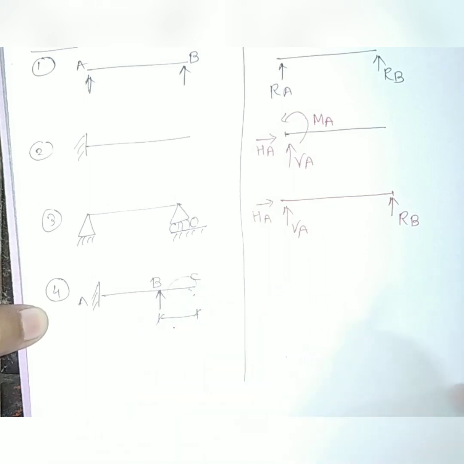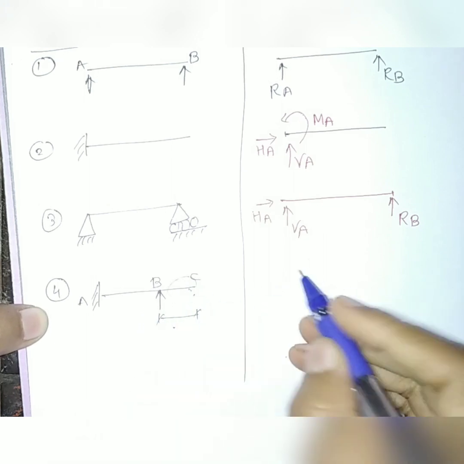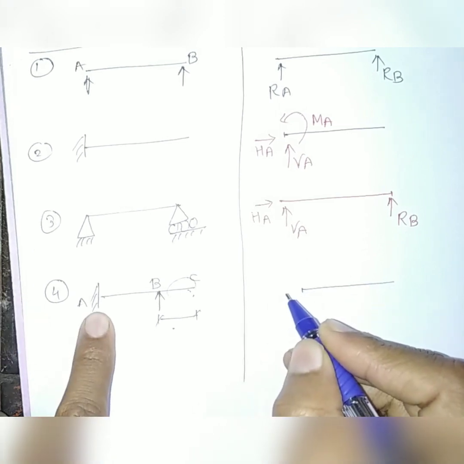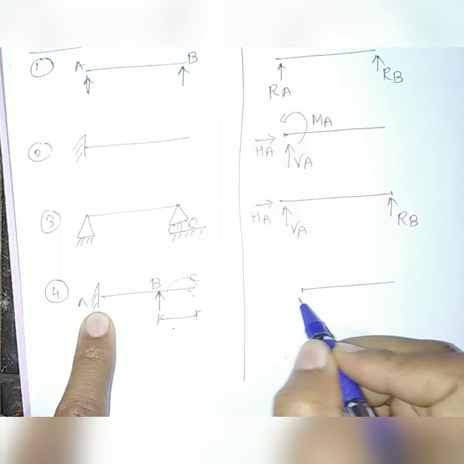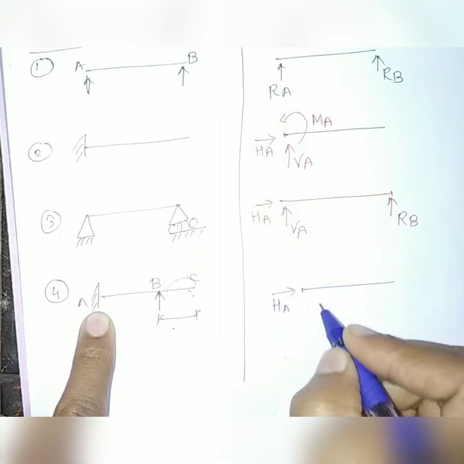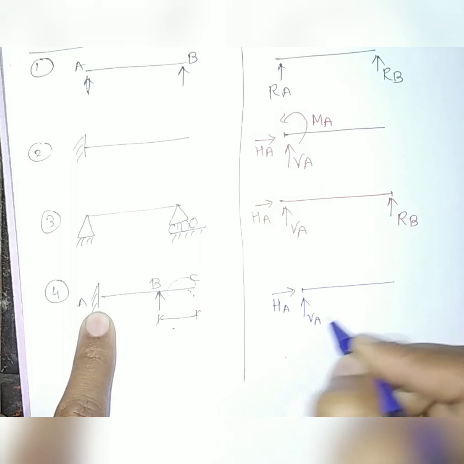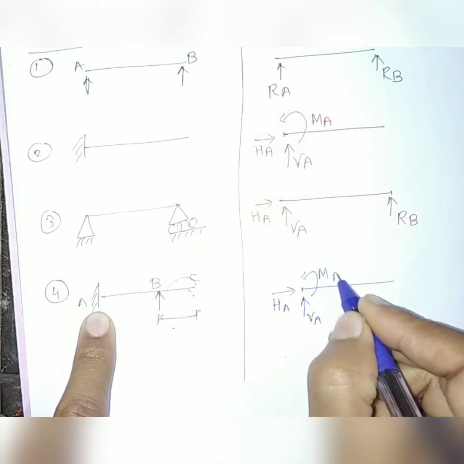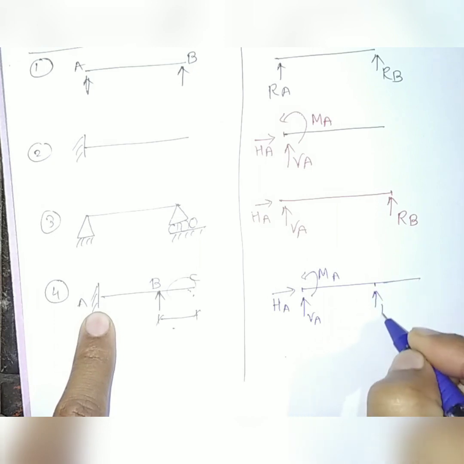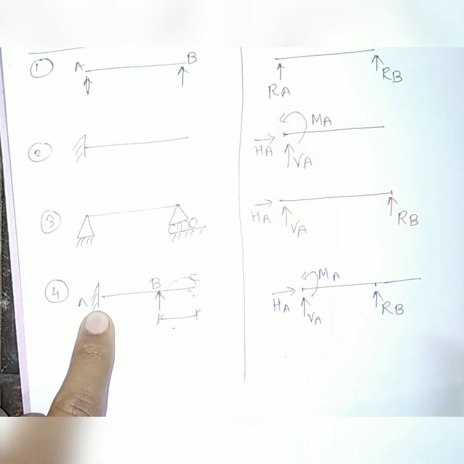So for such a beam, how will be the FBD? The FBD will be like this. Since at point A there is a fixed support, there are 3 reactions: horizontal reaction at point A, vertical reaction at point A, and moment at point A. And at point B, reaction RB will be as it is.